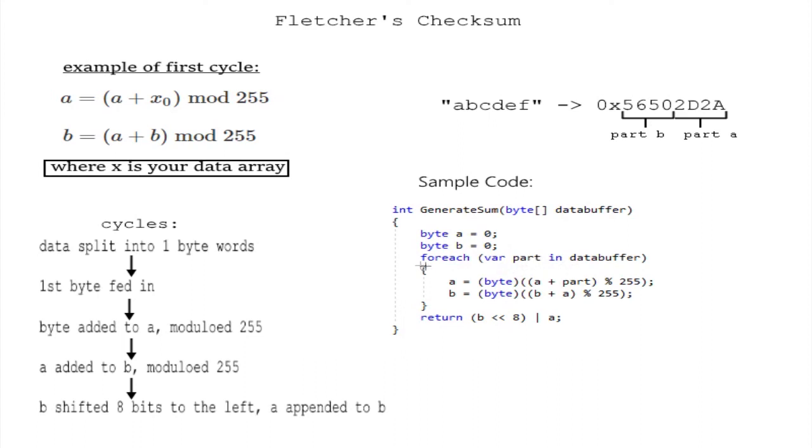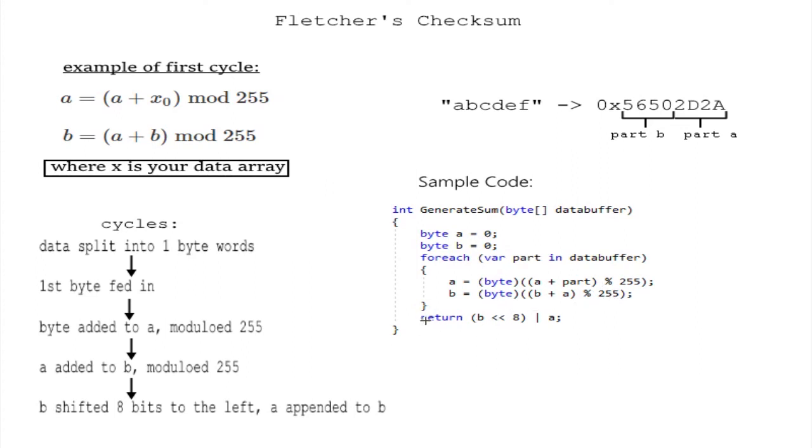I probably should have made this a for loop, but whatever. Modulo 255, and B equals B plus A modulo 255. So that's what the code looks like of the Fletcher's checksum.